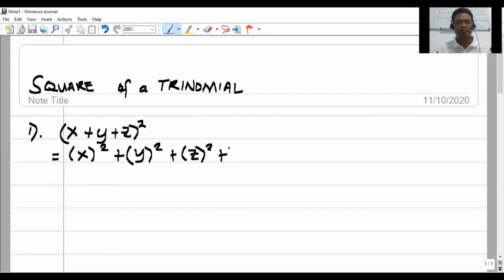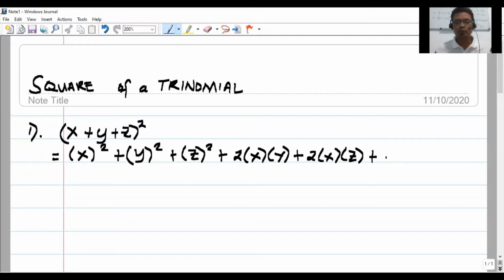And the other term can be obtained by multiplying the first and the second term by 2. So we have 2 times x times y plus multiplying the first and the last term by 2 again. We have 2 times x times z. And the last term is multiplying the second term and the third term by 2.